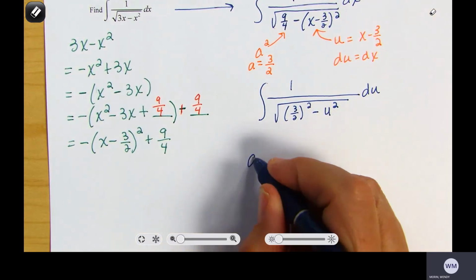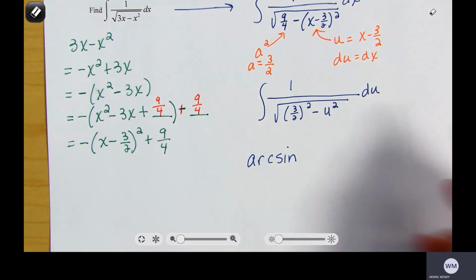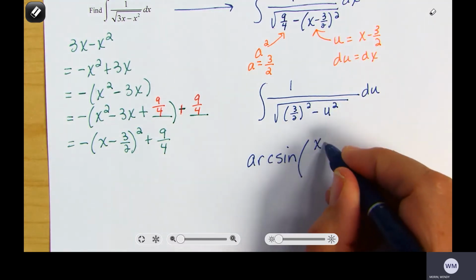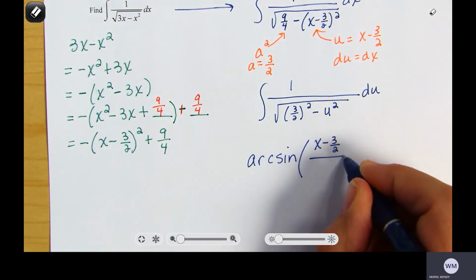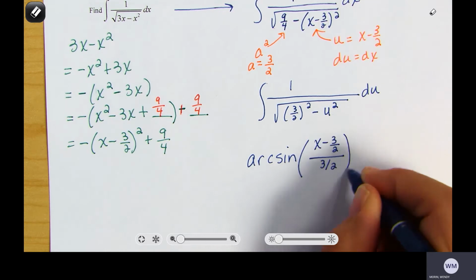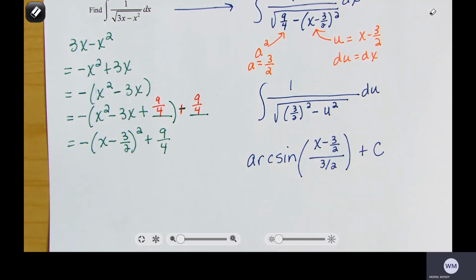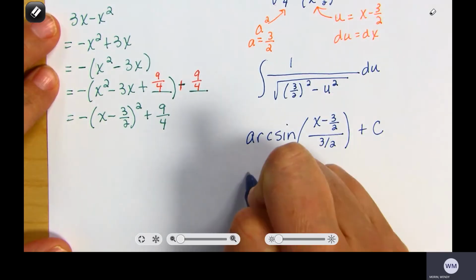So it's the arc sine of your u, x minus 3/2 divided by your a, divided by 3/2, I don't like that, plus c. I don't want to divide by 3/2. I want to multiply by its reciprocal.